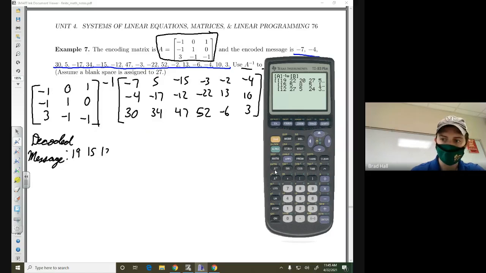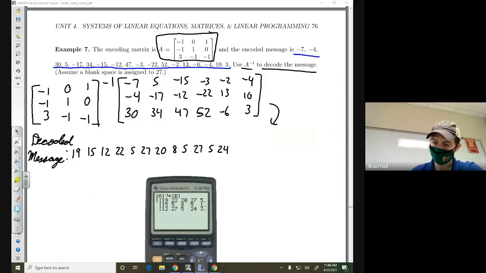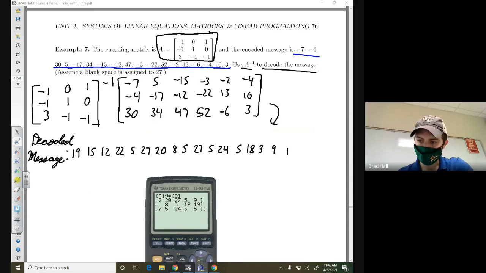The result is 15, 15, 12, 2, 5, 27, 28, 5. Again, it's 18 characters, so there's a good bit of numbers here.